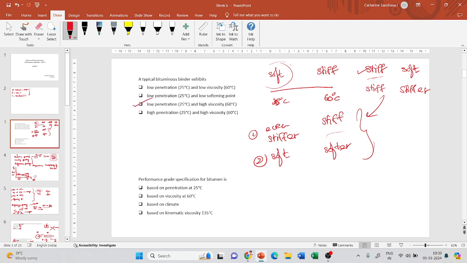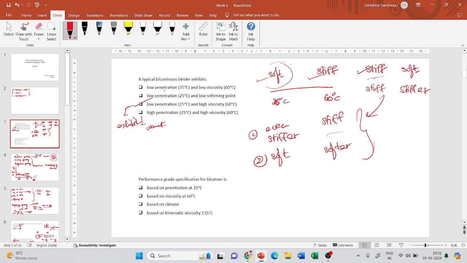So in that case, this is the answer. High penetration and high viscosity, this is what actually you want from bitumen. So high penetration is soft and high viscosity is stiff. So this is what you want, but this is what it will exhibit. Okay, so the answer to this is low penetration and high viscosity.